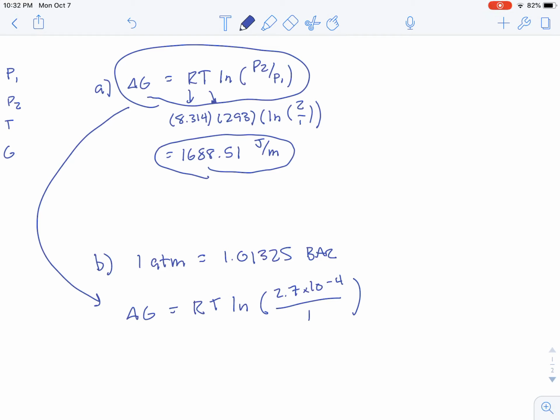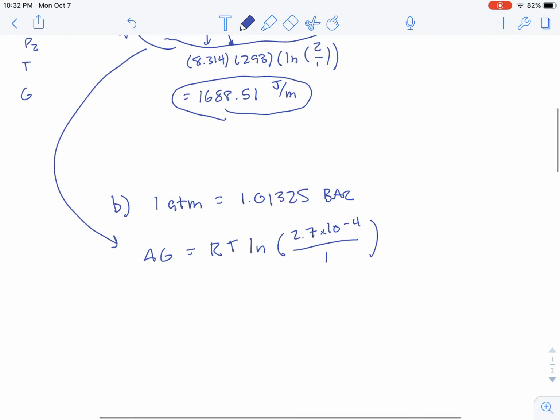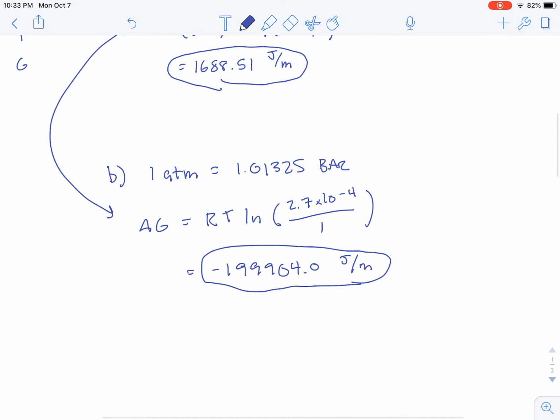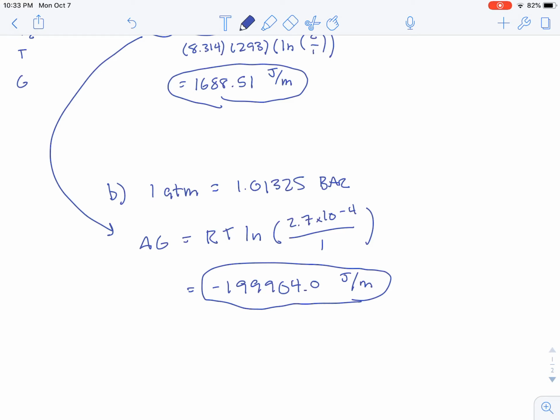Let's plug this into our calculator. The answer that I get here is negative 19,904.0 joules per mole. You can convert this into negative 20 kilojoules as well, but I'm going to leave this in joules per mole for now.